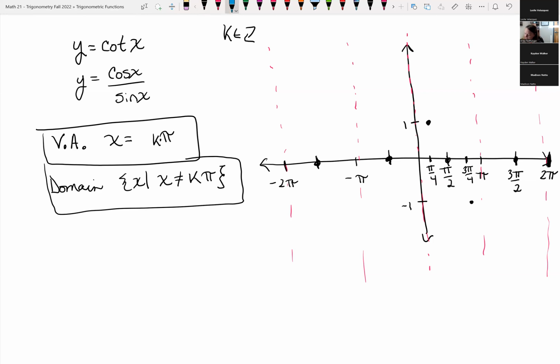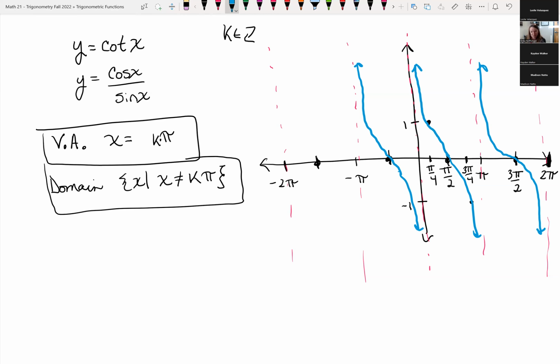And so that graph here of cotangent of x is similar. I'm not the best shape. It's similar to the tangent, except that it's shifted over 90 degrees, which makes sense because remember, those were cofunctions.